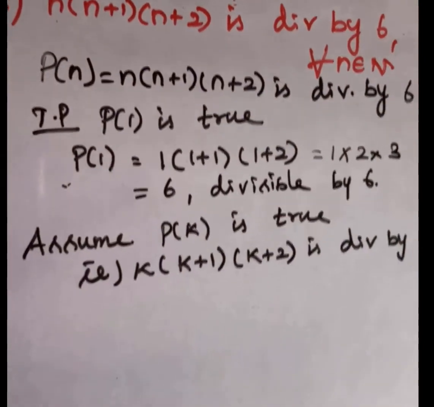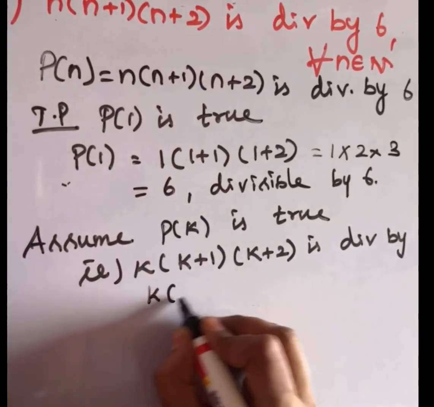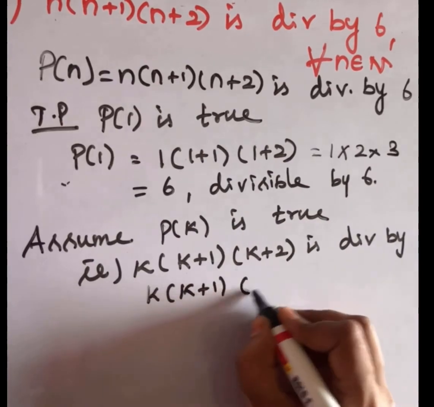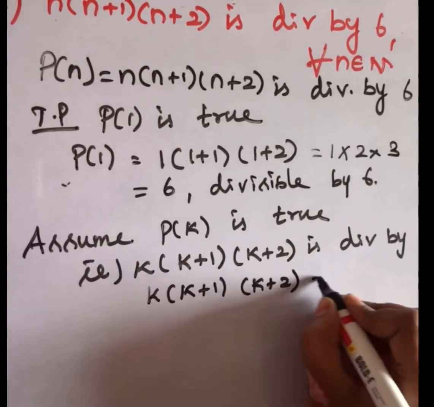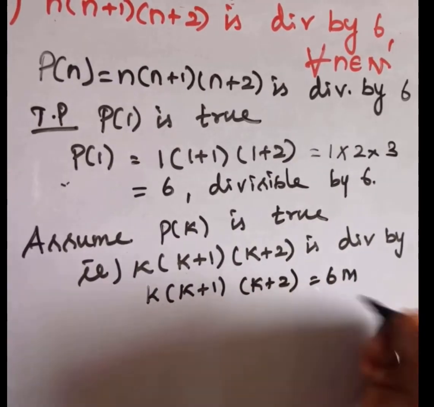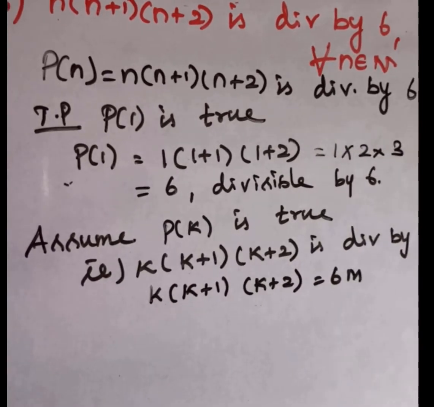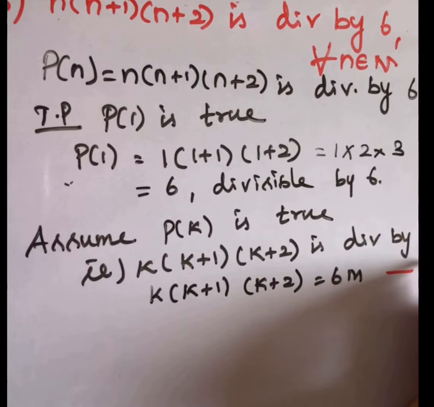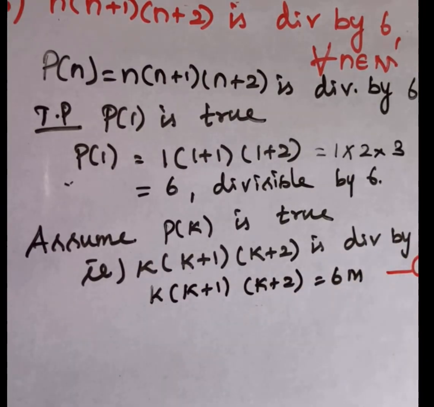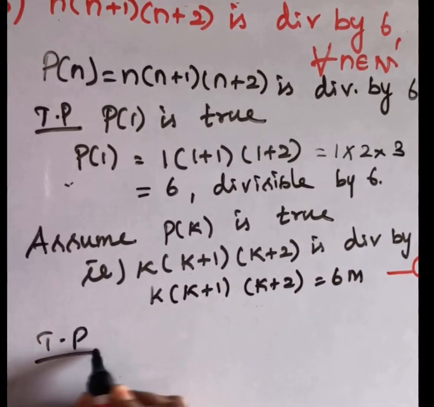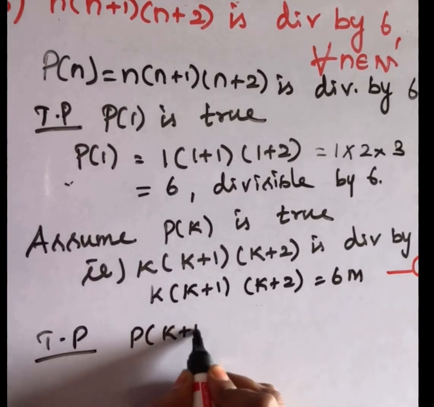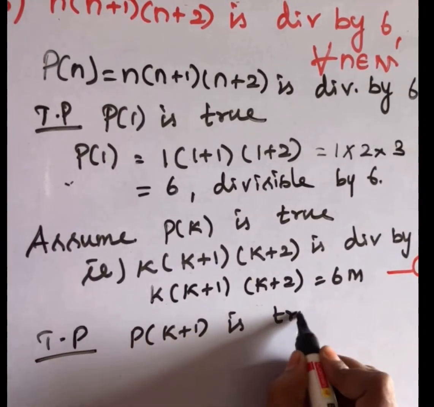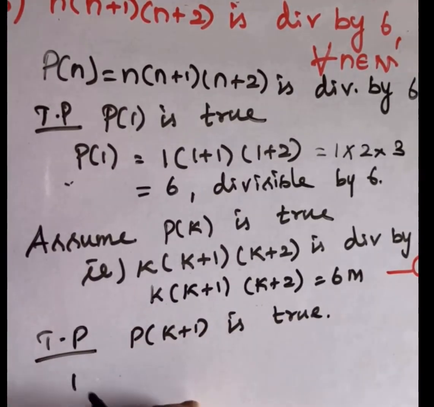Okay, so k into k plus 1 into k plus 2 is equal to some 6m, some multiple of 6. Okay, because it is divisible by 6 and it is our equation 1. Now we have to prove p of k plus 1 is true. What is our p of k plus 1?